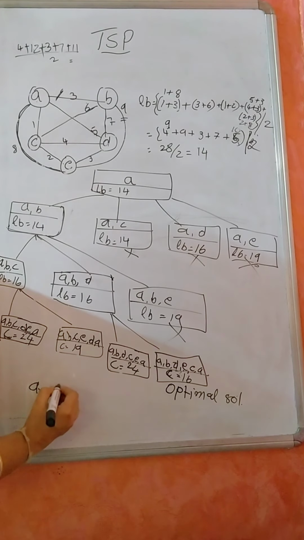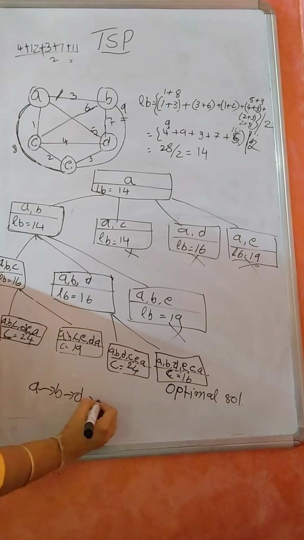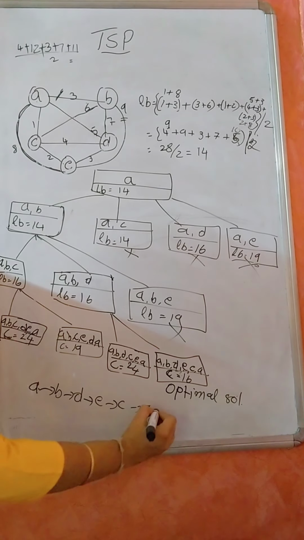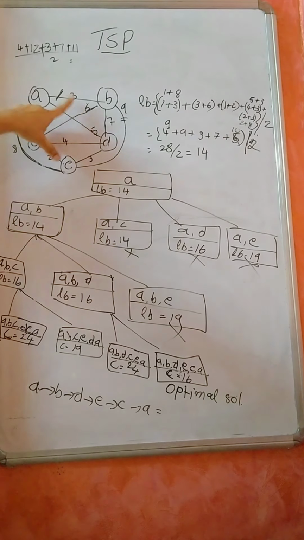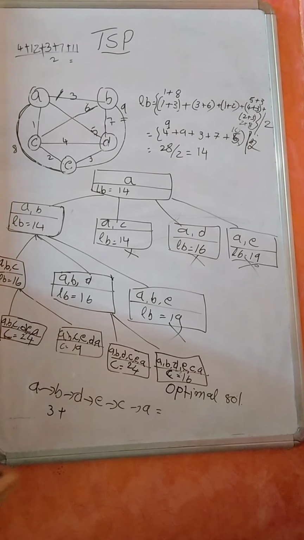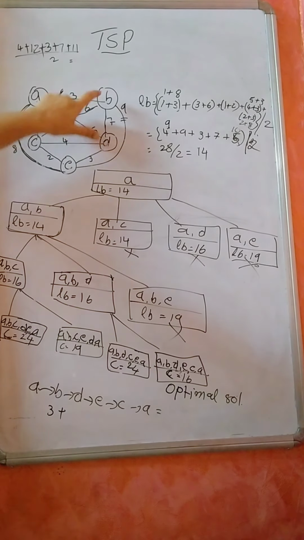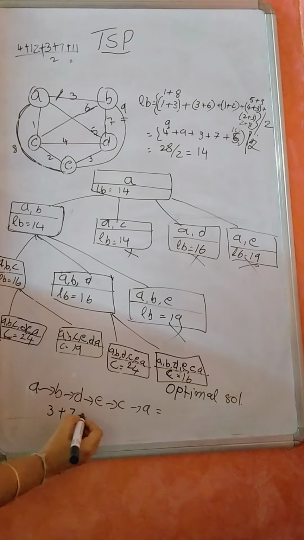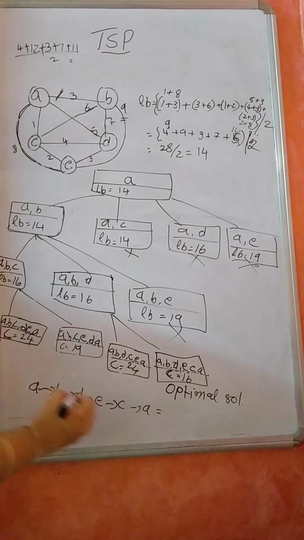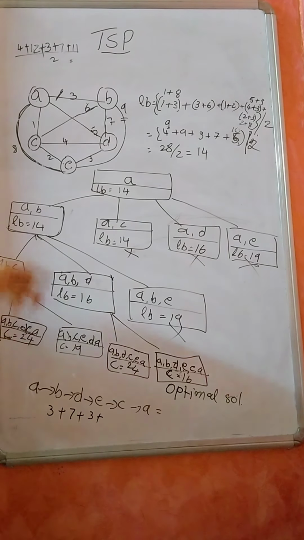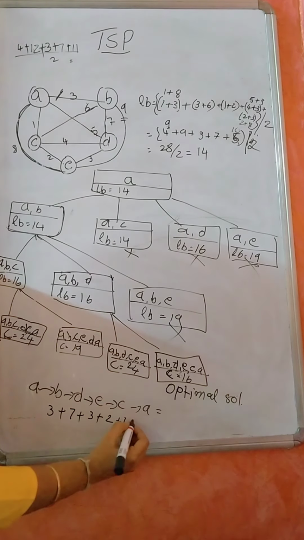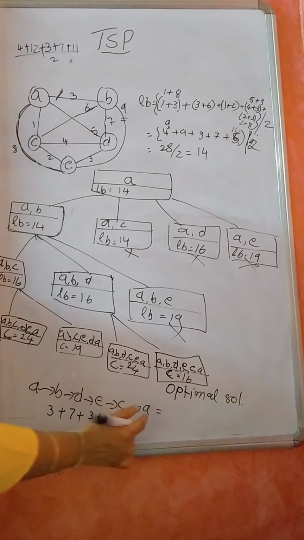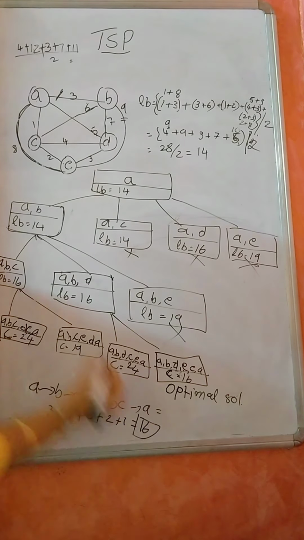I am moving from A to B, B to D, D to E, E to C, C to A. Compute that: A to B 3, then B to D 7, then D to E 3, then E to C 2, then C to A 1. So it is 10, 15, 16. So this is your optimal solution.